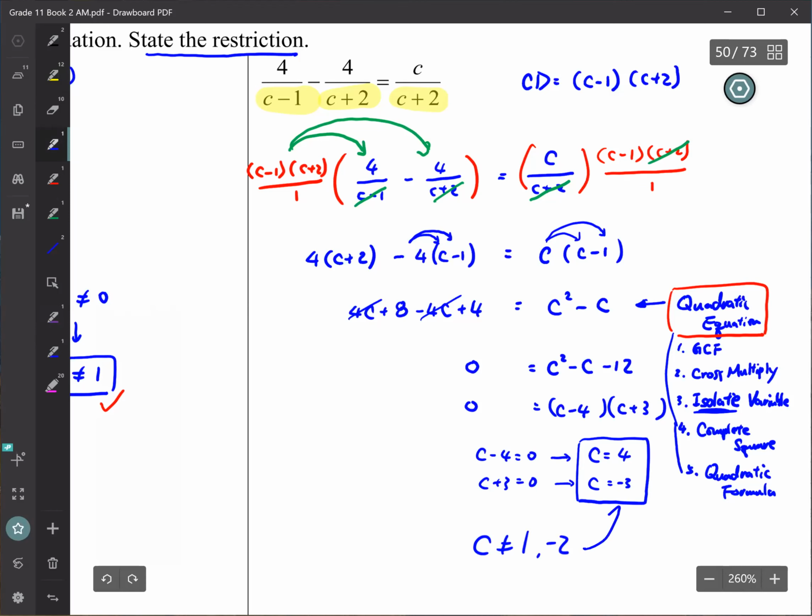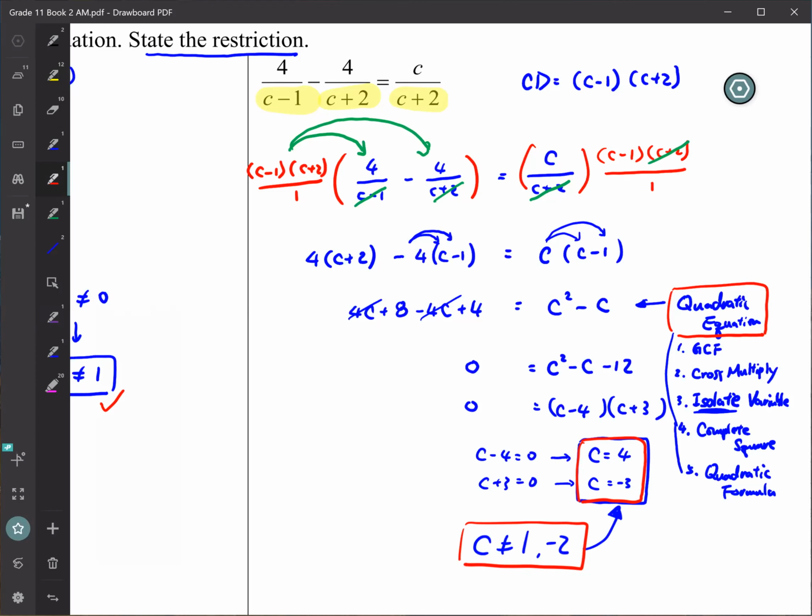And then you double check, right? Is it the same as your answer? Okay, so they are not the same, then it's okay. Then you can keep the answer, okay? So both the solution that you found and the restriction are part of the answer. If one or two of them are the same as the restriction, then you have to reject.